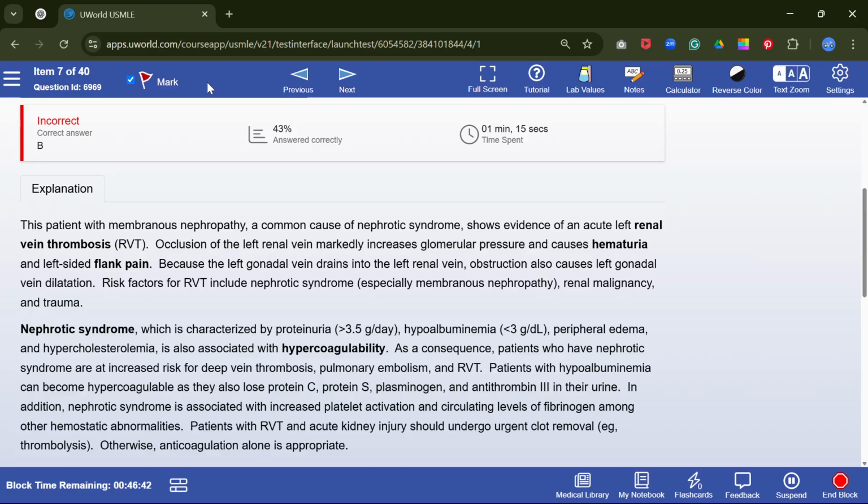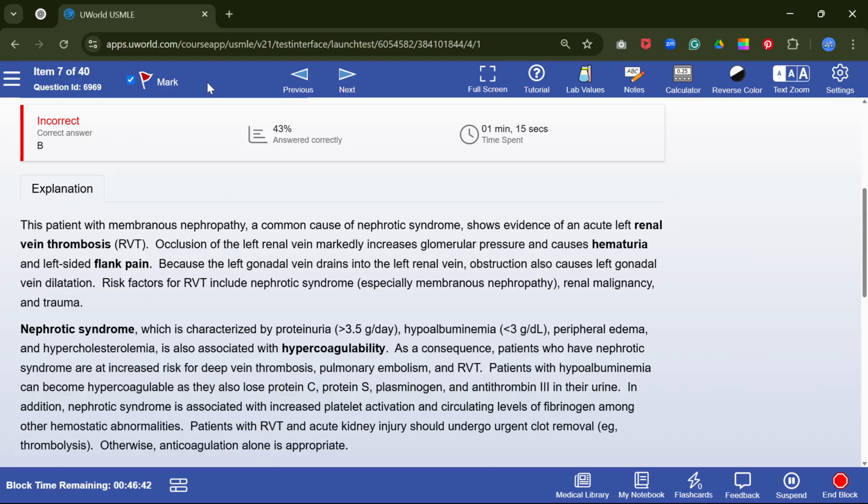Risk factors of renal vein thrombosis include nephrotic syndrome, especially membranous nephropathy, renal malignancy, and trauma. Nephrotic syndrome is characterized by proteinuria more than 3.5 grams per day, hypoalbuminemia less than 3 grams per deciliter, peripheral edema, and hypercholesterolemia. It is also associated with hypercoagulability. As a consequence, patients with nephrotic syndrome are at increased risk of DVT, pulmonary embolism, and renal vein thrombosis.